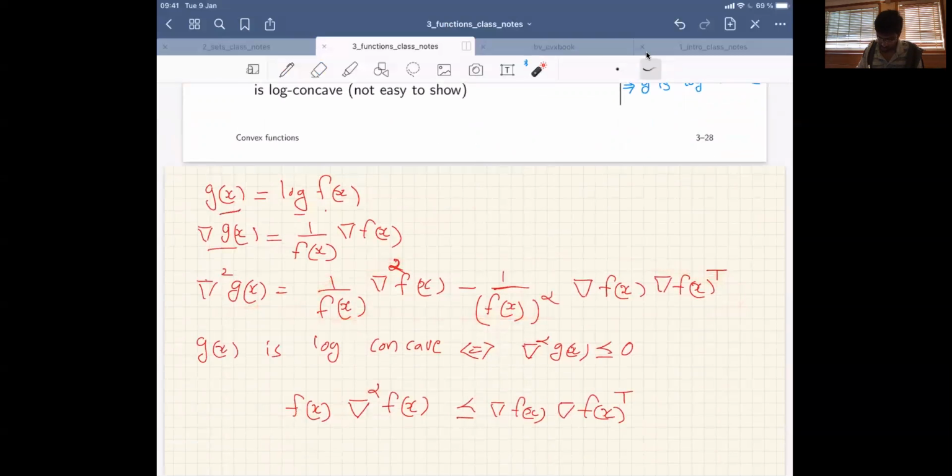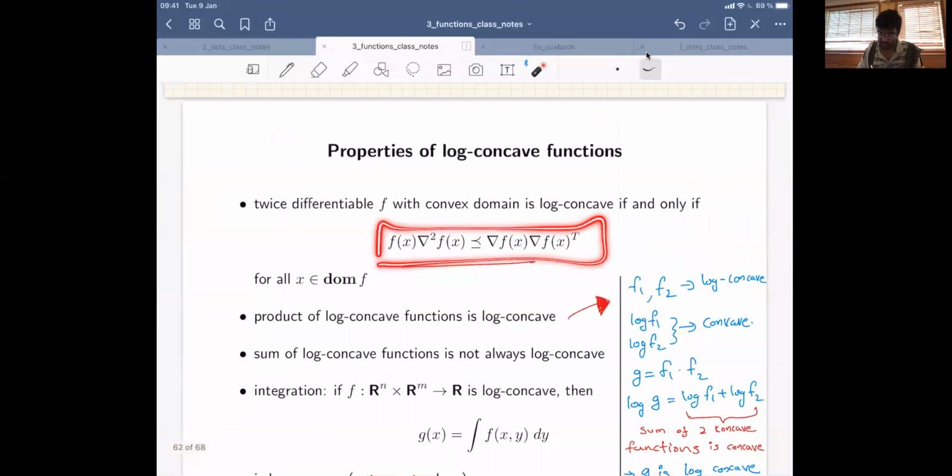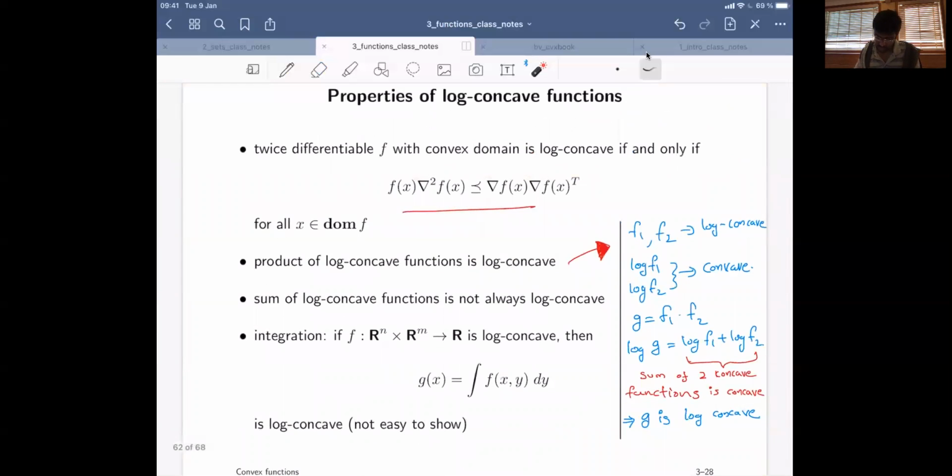That means this Hessian, the second order derivative, should be less than or equal to 0. Remember that these are generalized inequalities, matrix inequalities. So this will be less than or equal to 0. Just rearrange the terms, and we can say this. So that's this property. If the function is log concave, then this will be satisfied.